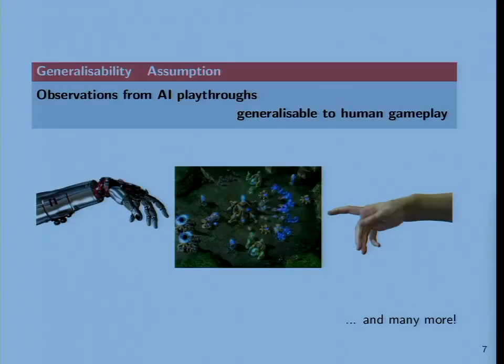So that's kind of obvious, and I'm not saying that this might hurt the case too much. The AI simulations just have to be similar enough in certain aspects that I need them to be. But in all cases, what we're really doing is assuming that whatever we are measuring from the simulated decisions is generalizable to whatever I'm using them for within the human context.